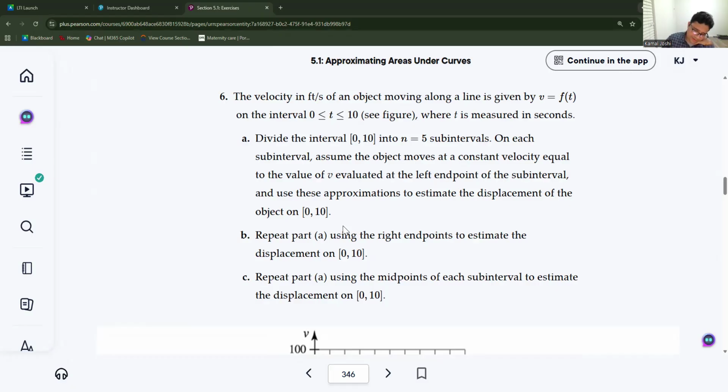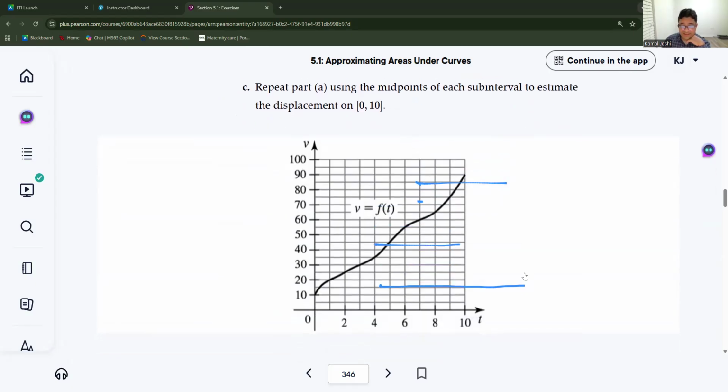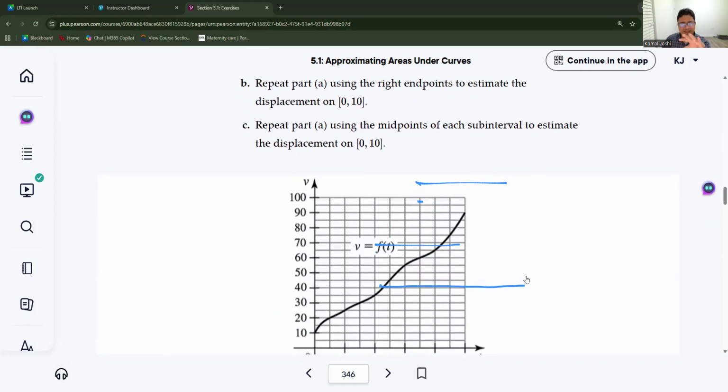First with the left endpoints, then repeat with the right endpoints, and then repeat the third with the midpoints. And estimate. So basically, we'll get different estimates by using different endpoints, and I can tell you what will happen. I'll not solve it because I think it is going to be a repetition, but the concept.